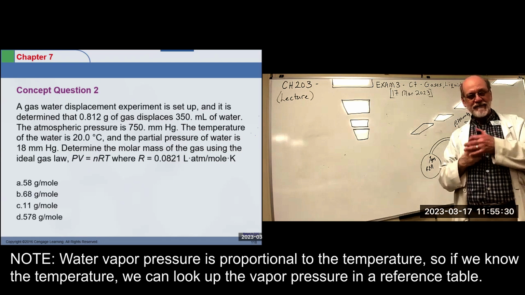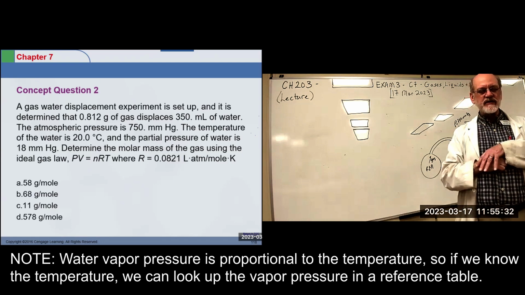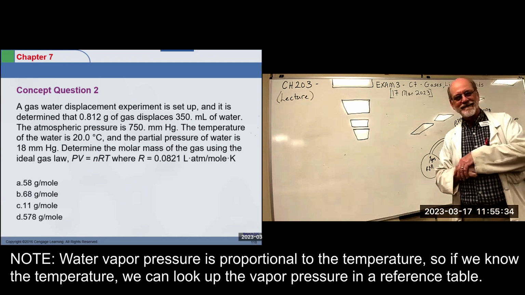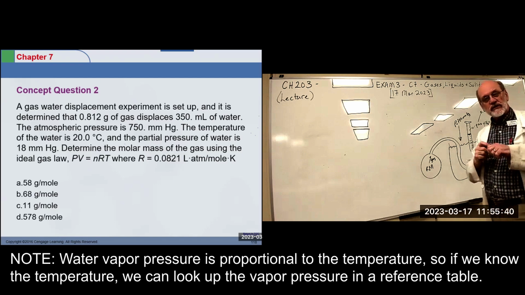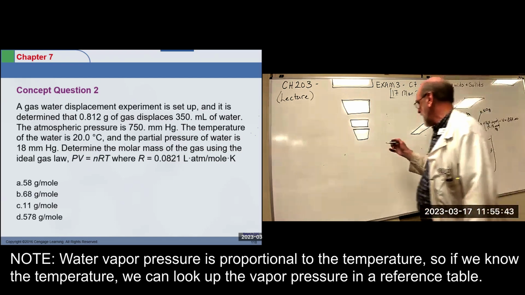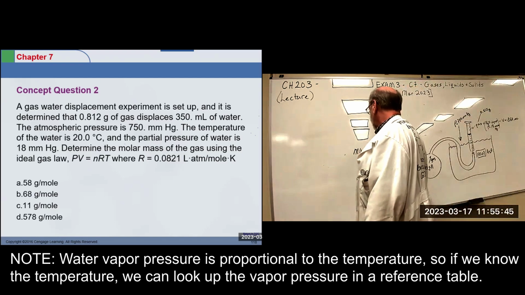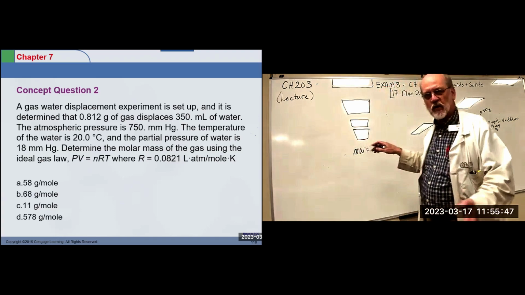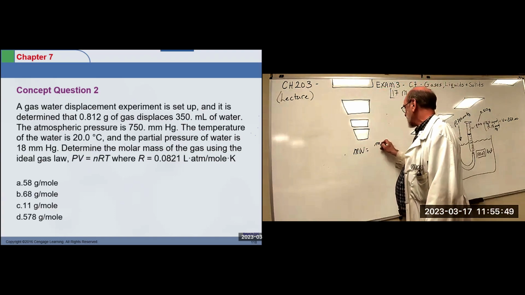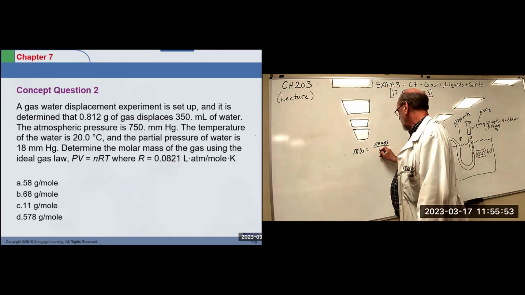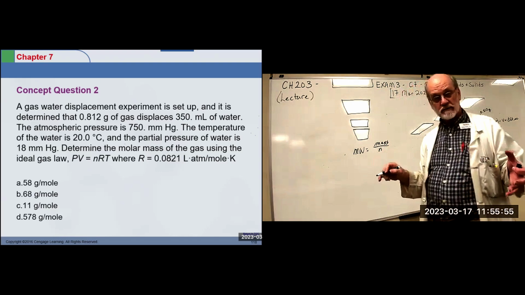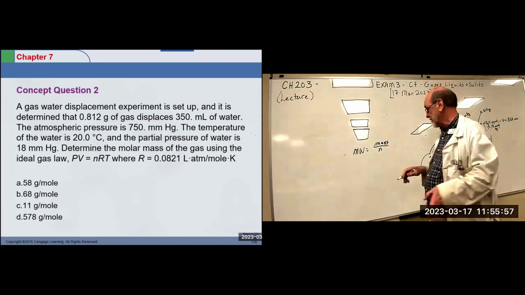Okay. What's the molar mass of the gas using the ideal gas law? All right. What do we need to determine to find the molar mass of the gas? Molecular weight, that's my abbreviation for molar mass, is mass of the gas per mole, mass per mole, right?